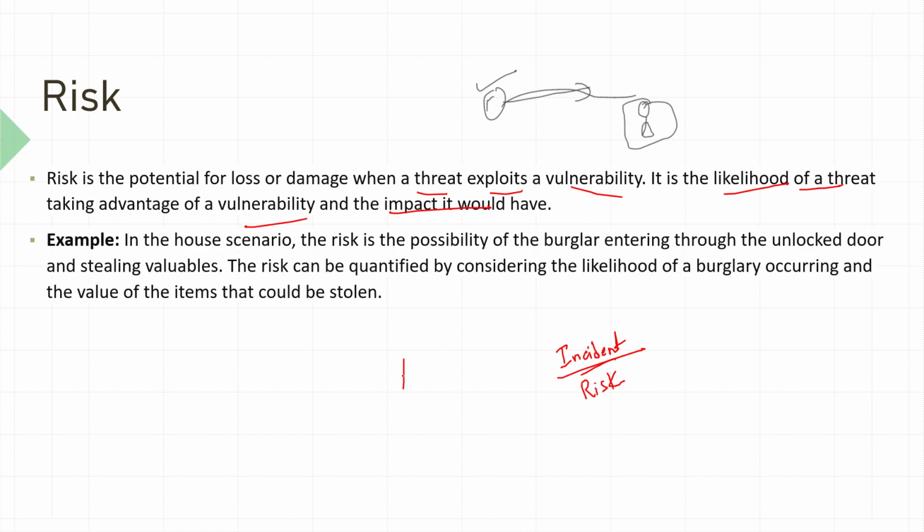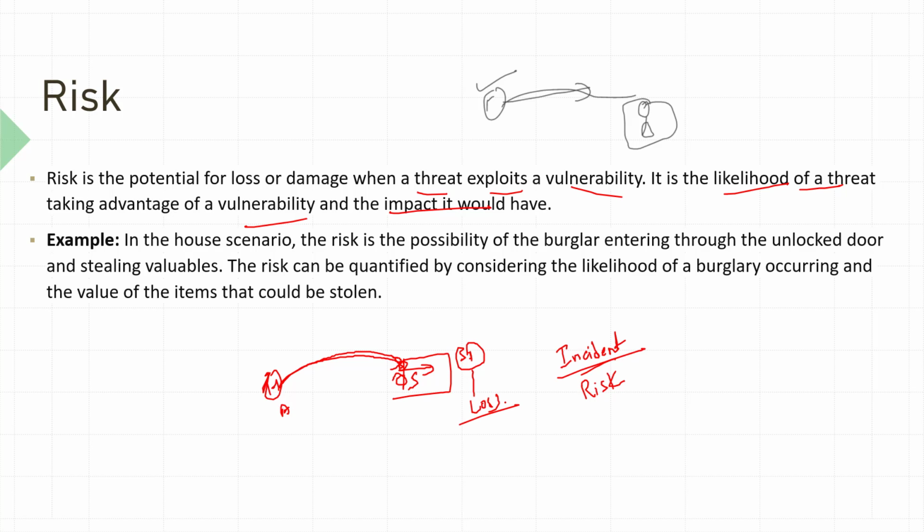Let's take an example: we have a server with a weak password. It has an open vulnerability. The hacker, a threat actor performing an action, tried to exploit this vulnerability, by which they gain access to the system. By gaining access, he steals data. That is the loss I have, and that is basically the risk.